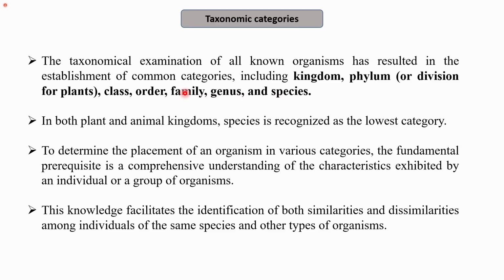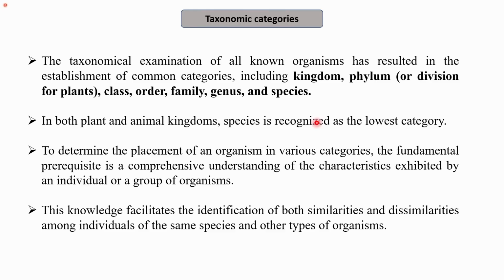Phylum and division are the same level of taxa; phylum is used for animals and division is used for plants. So in both plant and animal kingdoms, species is recognized as the lowest category, while the kingdom is the highest category of the taxonomic hierarchy.